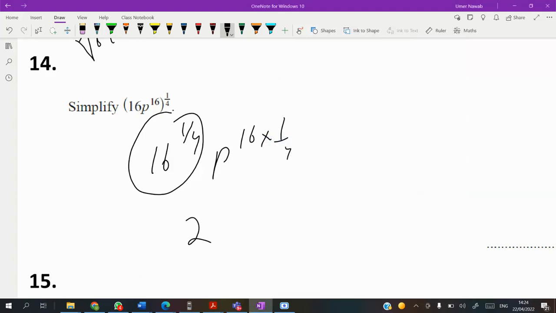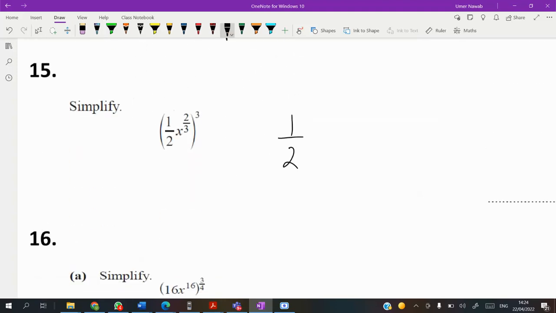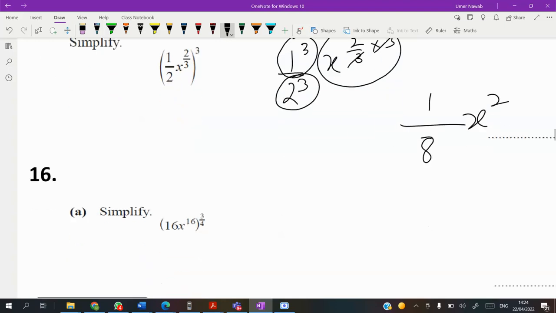So this is 2, and simplify 4 16. So this is 4. Next, share the power, 1 over 2. So 1 power 3, 2 power 3, x 2 over 3 times 3. So 1 power 3 is 1, 2 power 3 is 8, and x 3 cancel, and that is x squared.